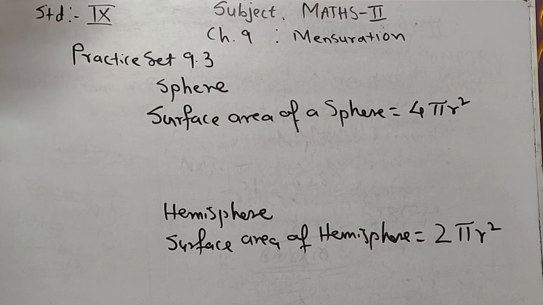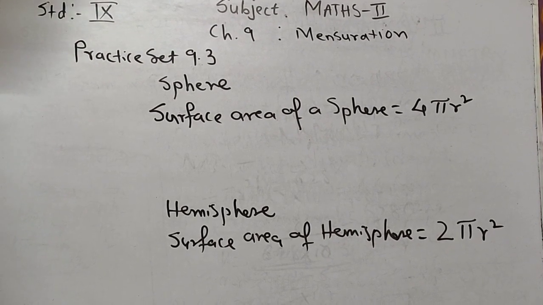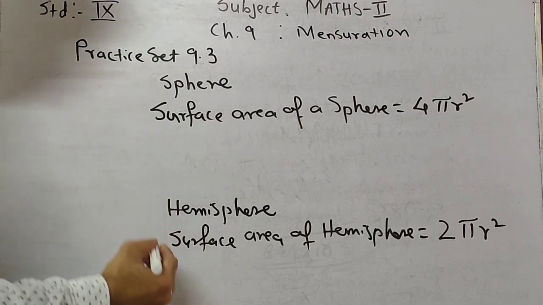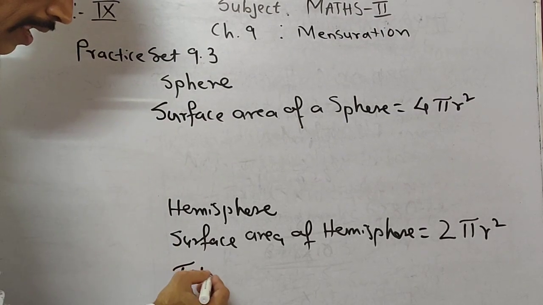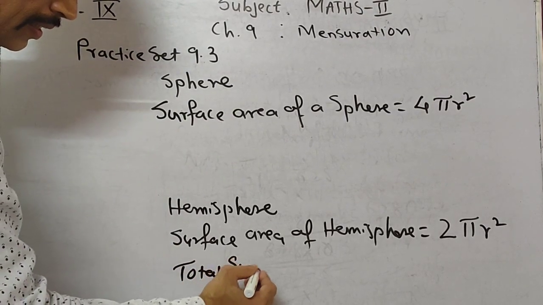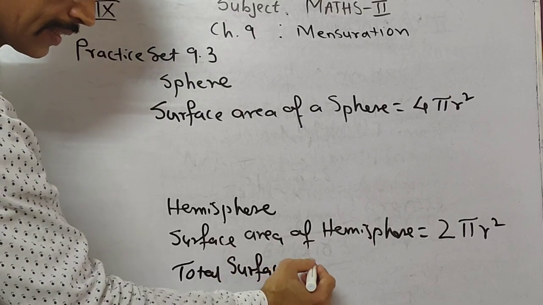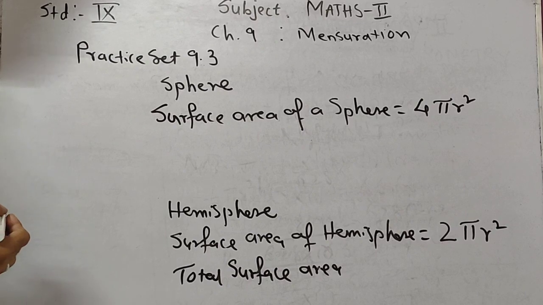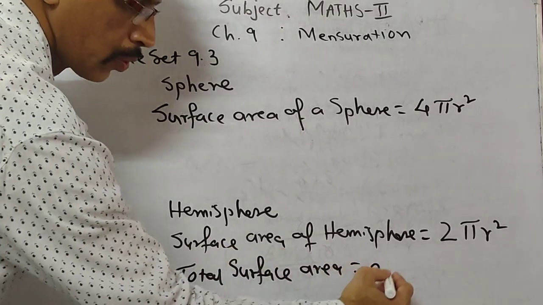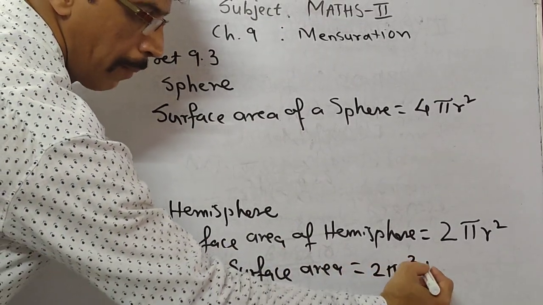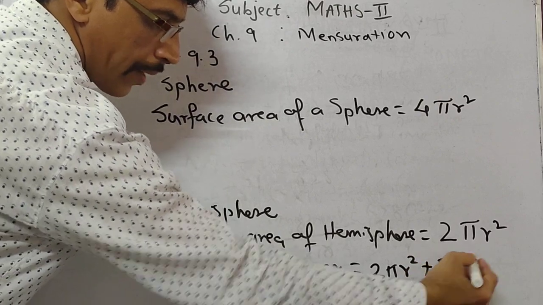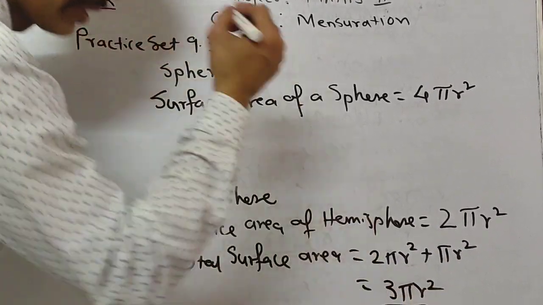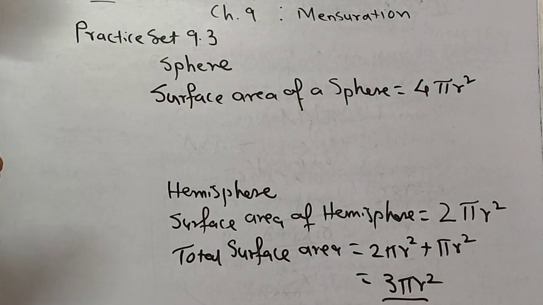Half is taken. And in a hemisphere you have total surface area. So total surface area is 2 pi r square plus pi r square, that is 3 pi r square.